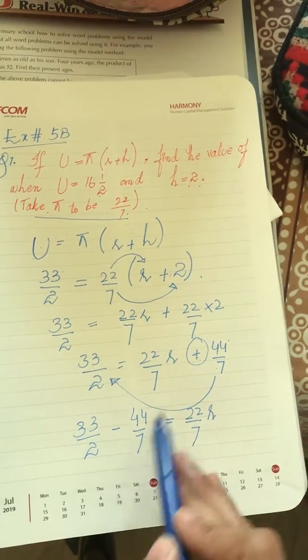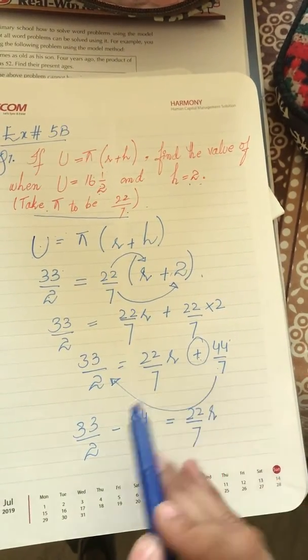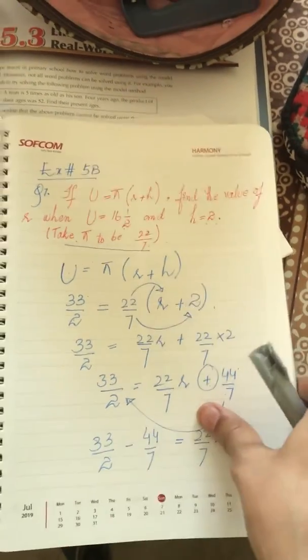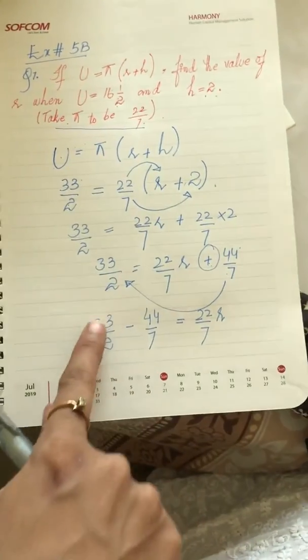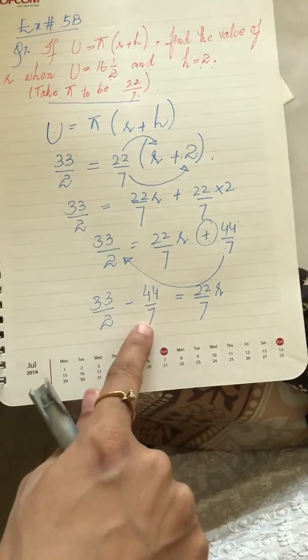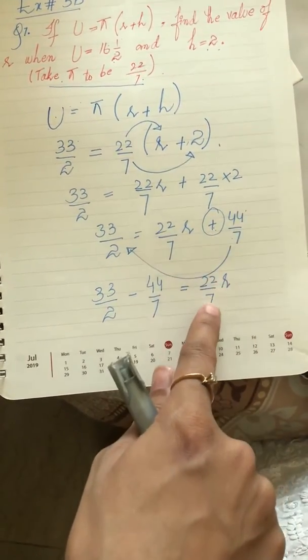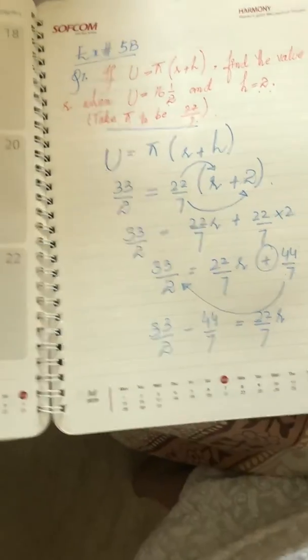Therefore, this 44 over 7 has changed sign from positive to negative. Great. Now let's flip our page. We have 33 over 2 minus 44 over 7, and that's equal to 22 over 7 r. I'm going to do the solution over here so that we can match our solutions very easily.